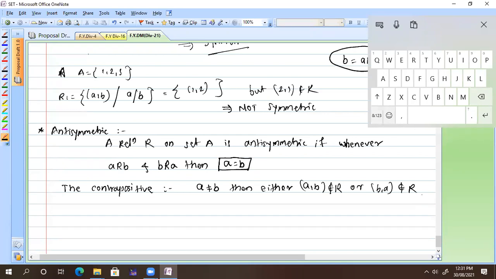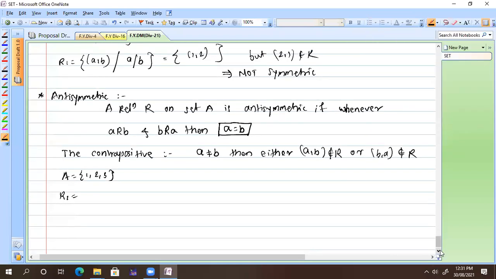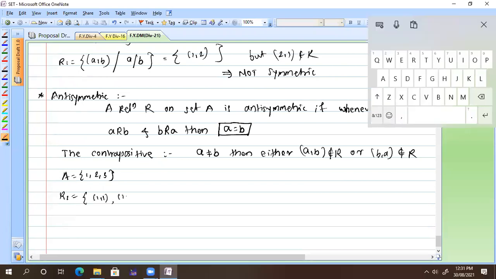Let's take an example. Suppose we have a set 1, 2, 3. I'm going to write down some relations here. R1 is my relation: 1, 1; 1, 2; 2, 1; 2, 2; and 3, 3.